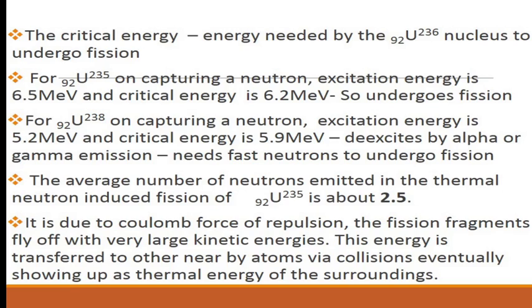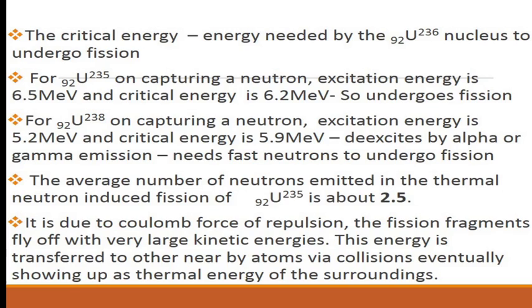Uranium 92 235 undergoes fission, because the critical energy needed for the uranium 92 235 nucleus to undergo fission is 6.2 MeV, but it is gaining an energy of 6.5 MeV, which is known as excitation energy, by bombarding with a neutron. But this is not the case when we consider a uranium 92 238 nucleus.